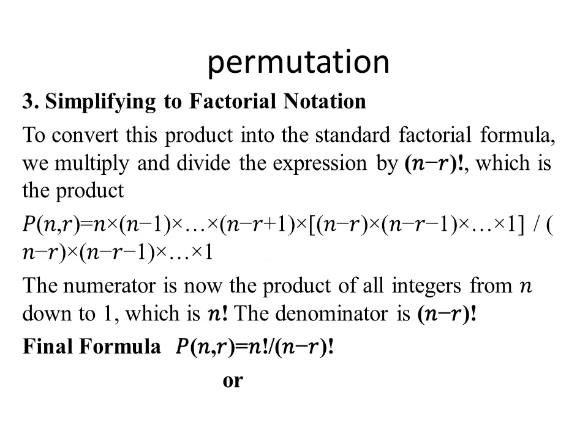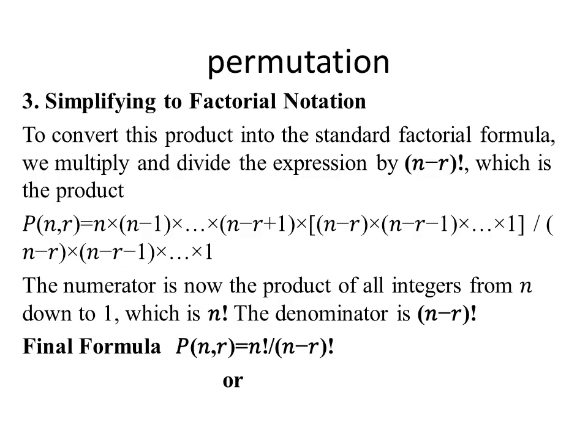Now we simplify to factorial notation. To convert this product into the standard factorial formula, we multiply and divide the expression by n minus r factorial. So P of n comma r is equal to n into n minus 1 so on to n minus r plus 1 into n minus r into n minus r minus 1 so on to 1, divided by n minus r into n minus r minus 1 so on to 1.